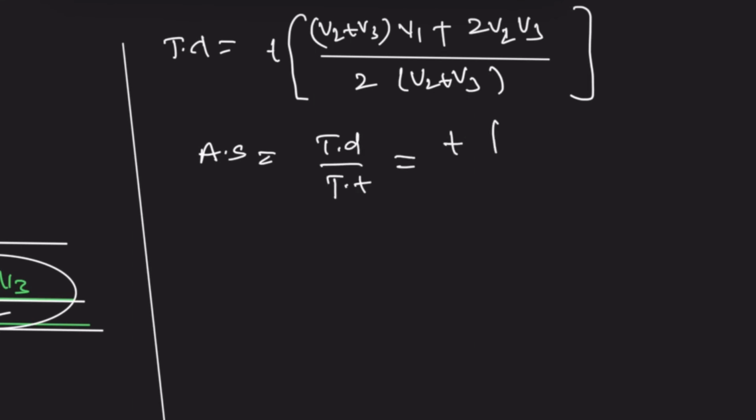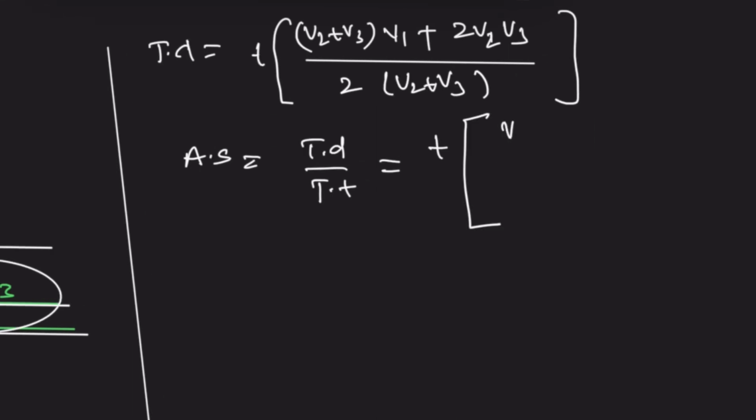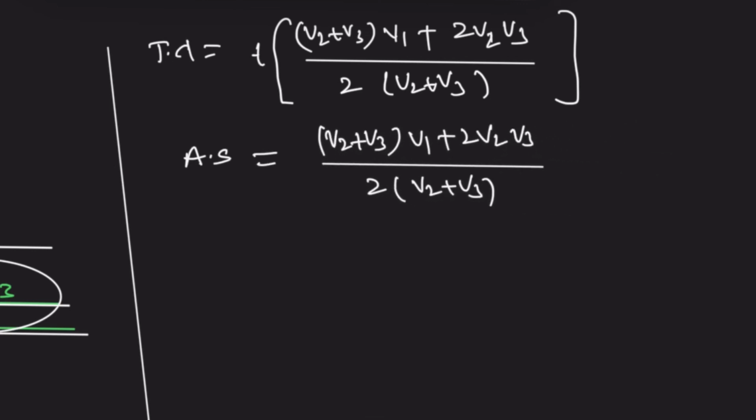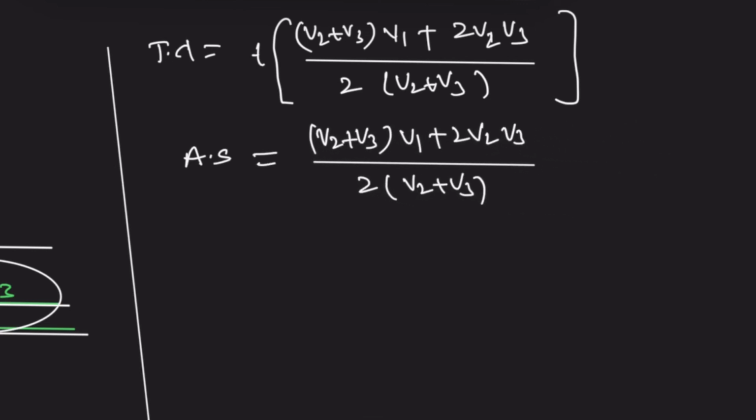So this is t into v2 plus v3 into v1 plus 2v2 v3 by 2 into v2 plus v3. The total time is t. So t and t cancel, then we get the answer. So the average speed is v2 plus v3 into v1 plus 2v2 v3 by 2 into v2 plus v3. So this is the average speed formula.